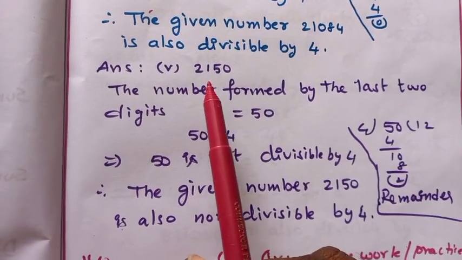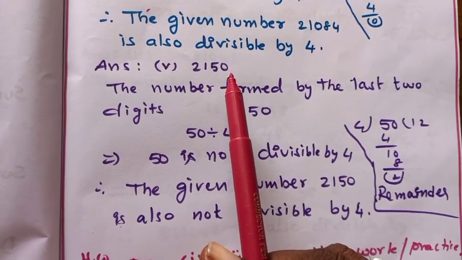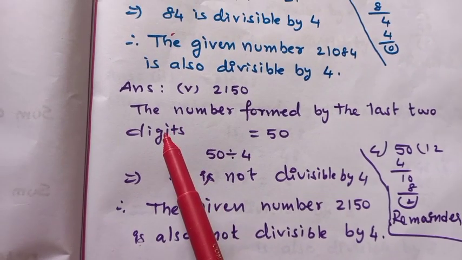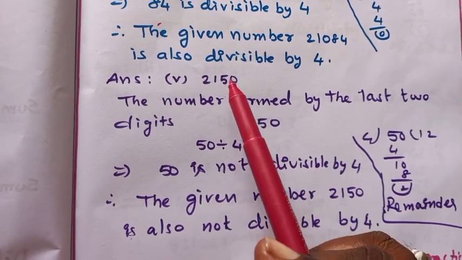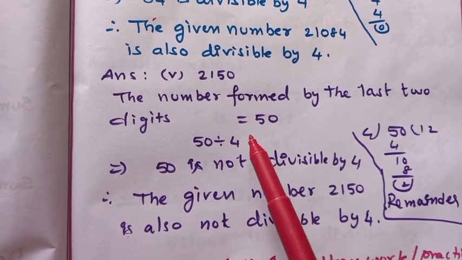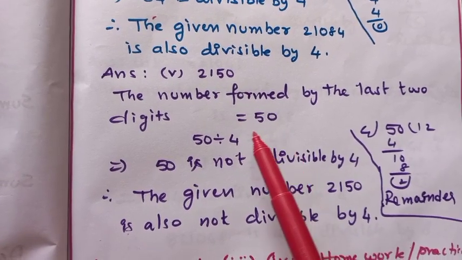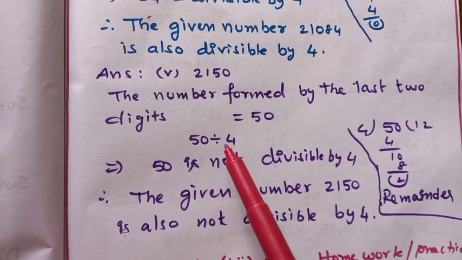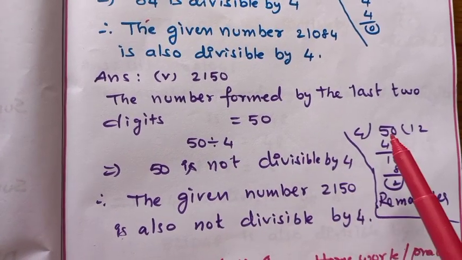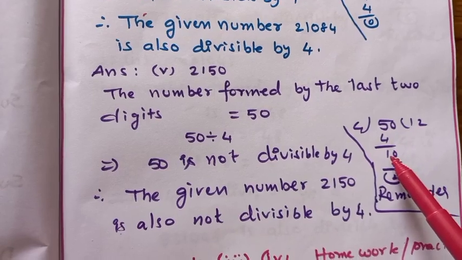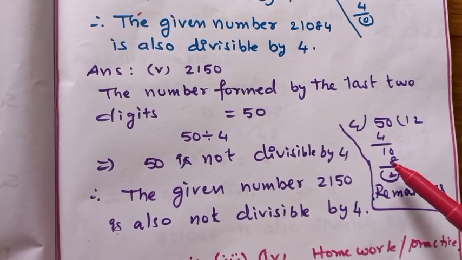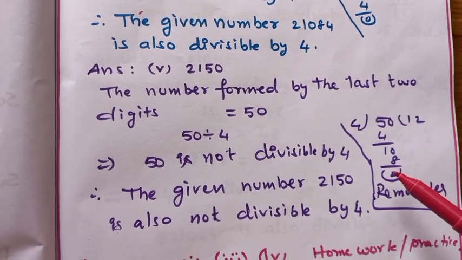Now we will move to the fifth question, 2,150. The number formed by the last 2 digits is 50. Try to divide 50 by 4. 4 ones are 4 and 1 is the remainder, bring down 0, then we get 10. 4 twos are 8 and 2 is the remainder.